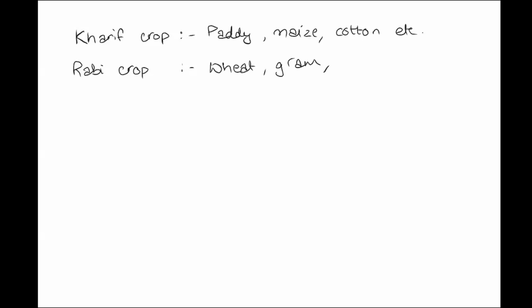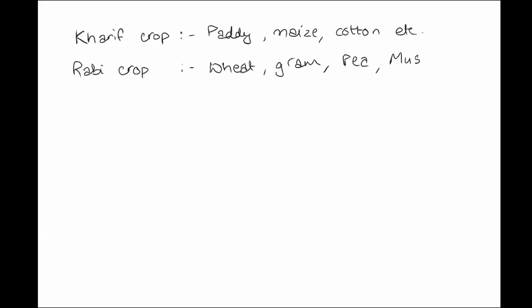Okay, so for kharif crop, we had paddy, maize, cotton, etc. And for rabi crops, we had gram, wheat, and pea, mustard, linseed.